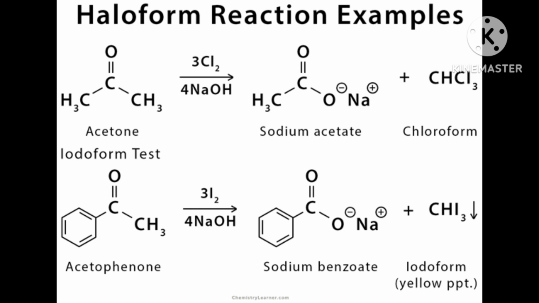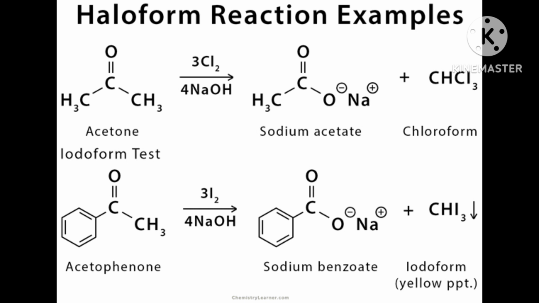The methyl group is converted to haloform, just like chloroform. Halo means halogen. This oxidation does not affect a carbon-carbon double bond if present in the molecule.